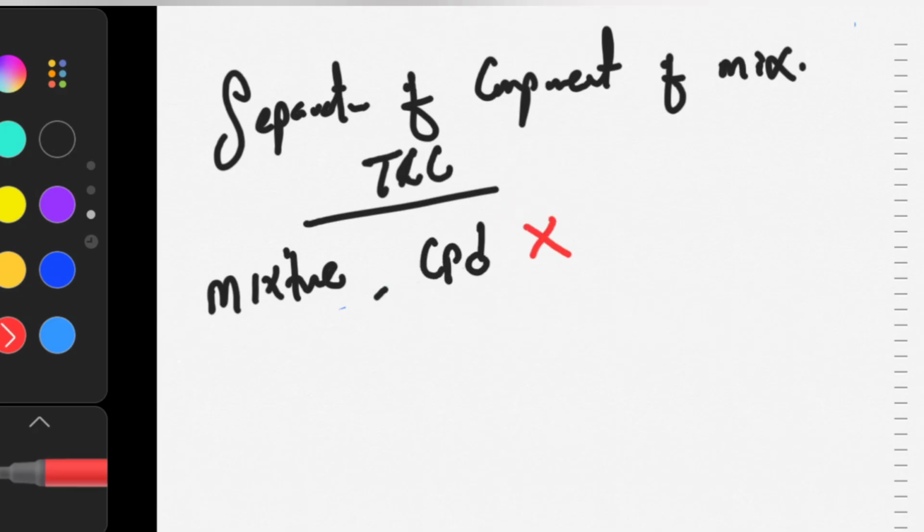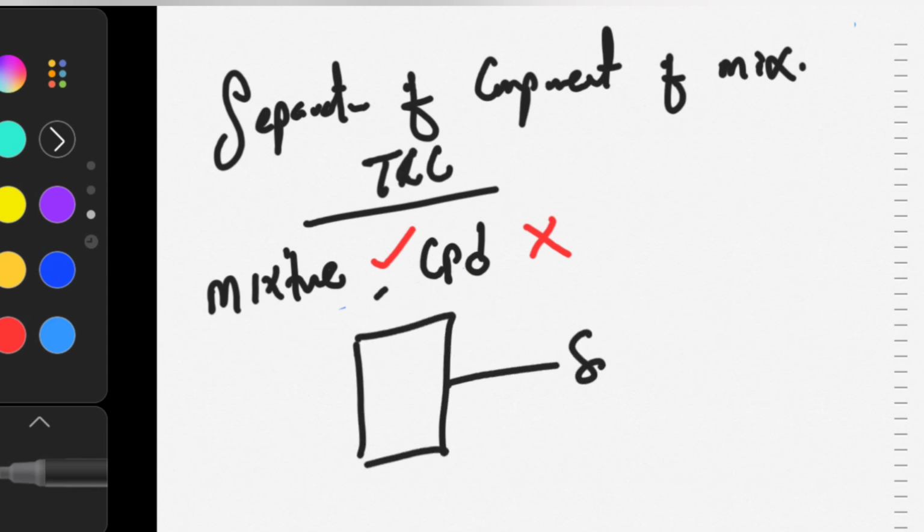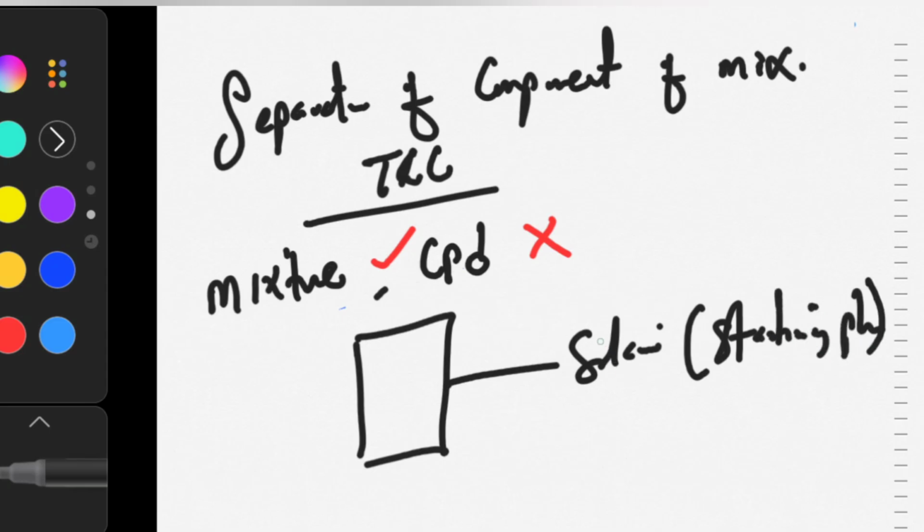Right, it is not compound but a mixture, right? So the TLC plates, something like this, coated with silica. Yeah, the white surface is silica and it constitutes what is called the stationary phase. Stationary phase made of silica, while the mobile phase is suitable solvents.